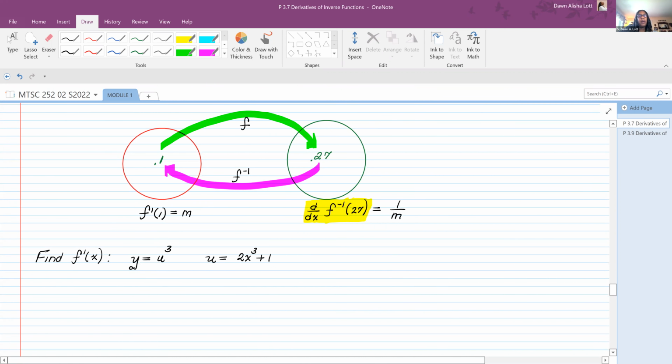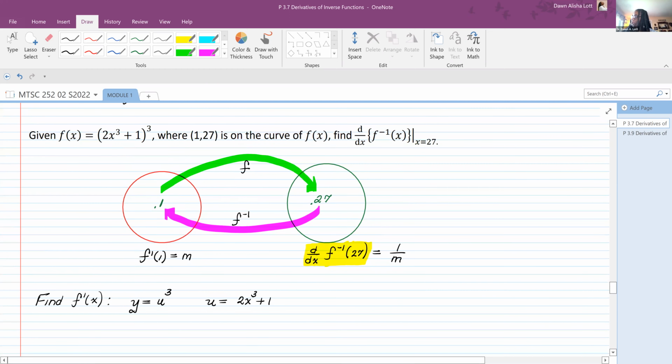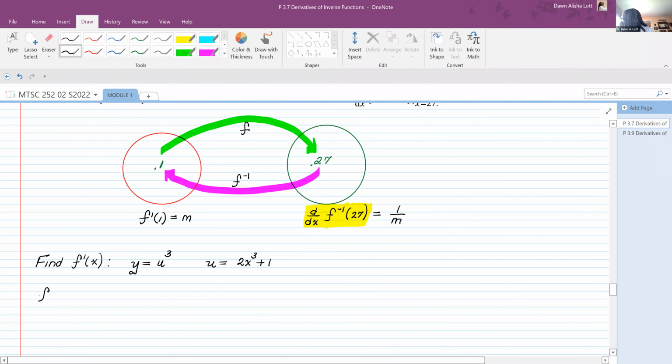So what is the derivative then? What do you get for f prime of x?